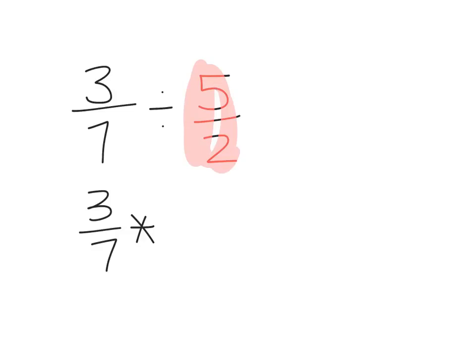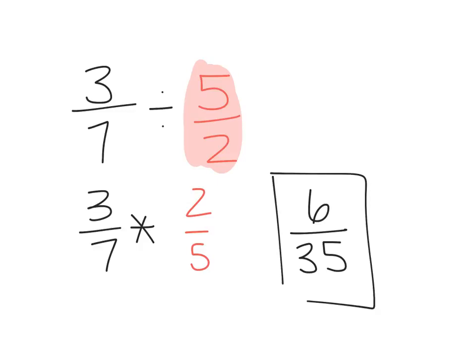And you have to reciprocate the second fraction, the one that you're dividing by. That's the one that ends up getting flipped. So it's the same thing as multiplying by 2 over 5. Can I do any canceling out in this problem? Nope. So I just multiply. What's 3 times 2? And 7 times 5? So my answer would be 6 over 35.